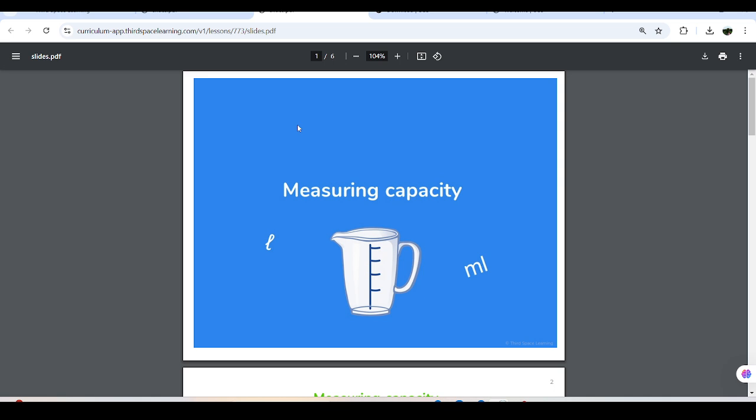Or if you are traveling from one city to another, you measure it in miles or kilometers. So meters, kilometers, miles, centimeters, millimeters, all these are units of distance. Similarly, we measure capacity, and for that the units are liters and milliliters.